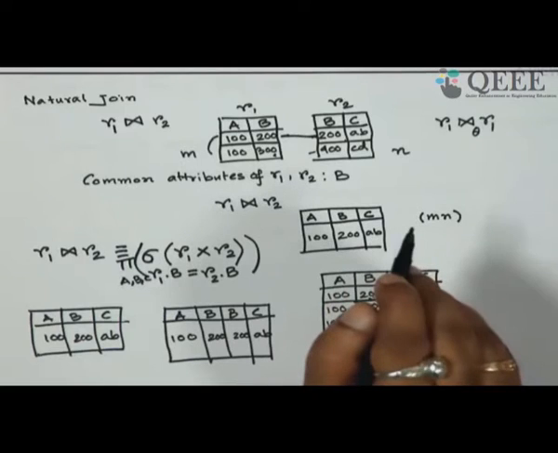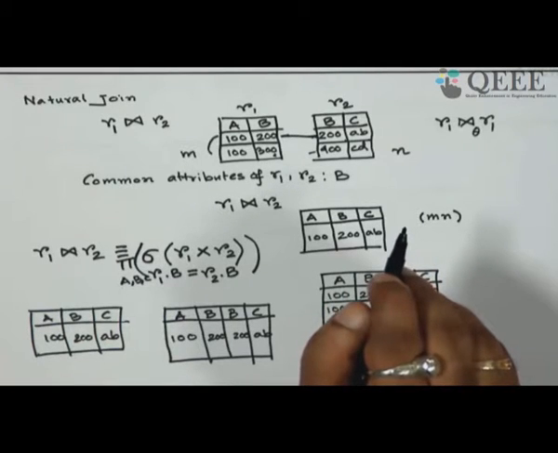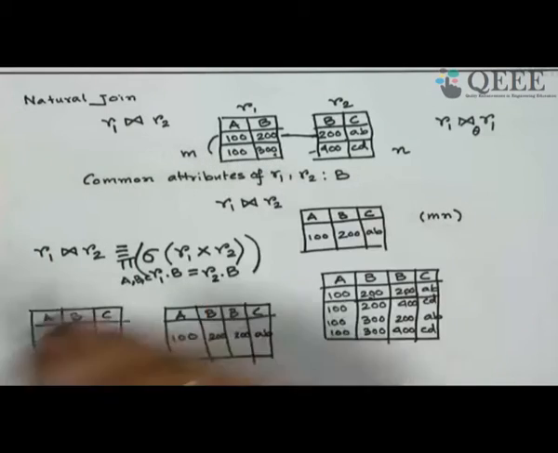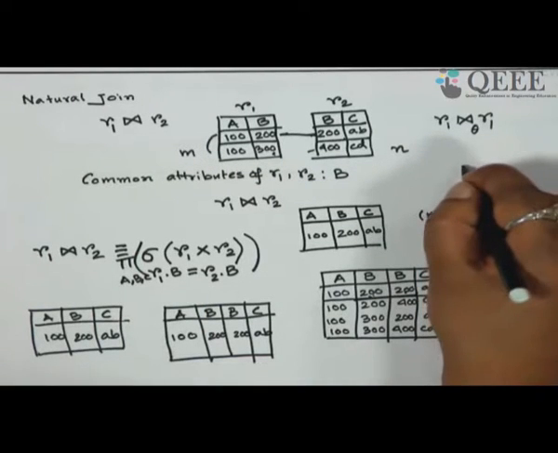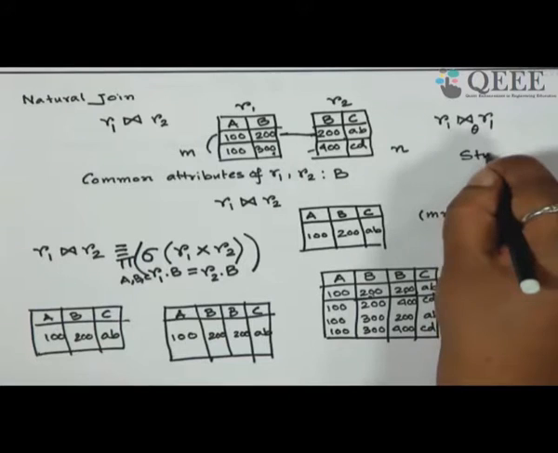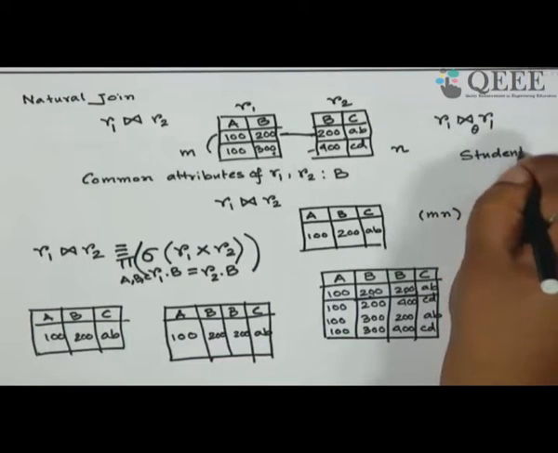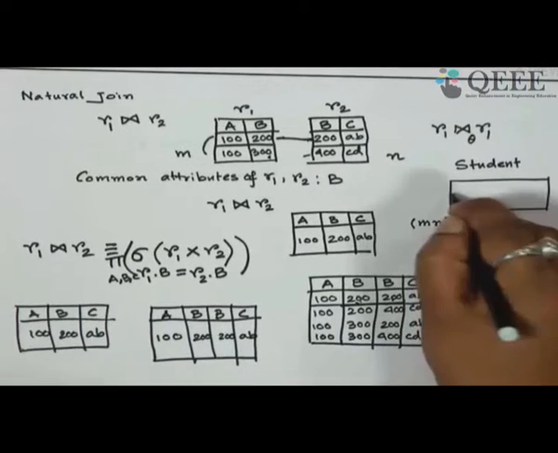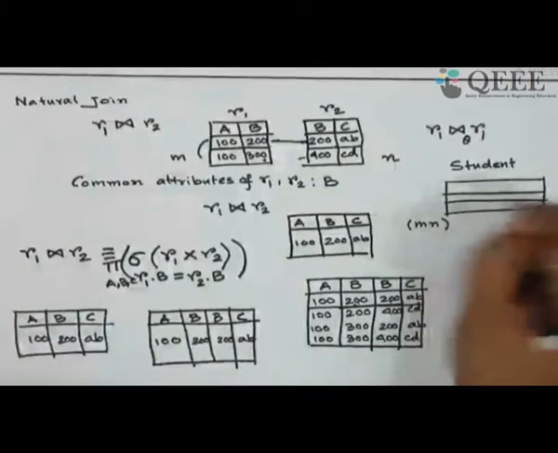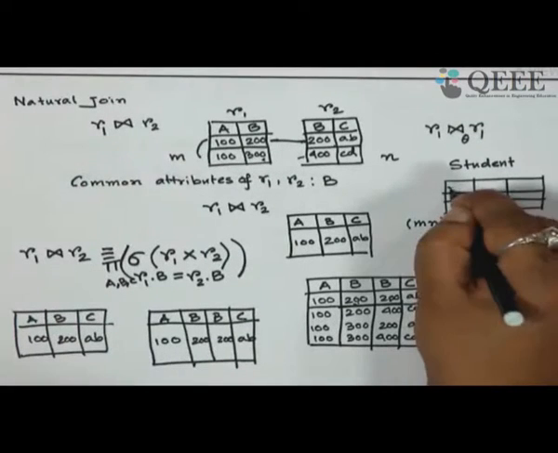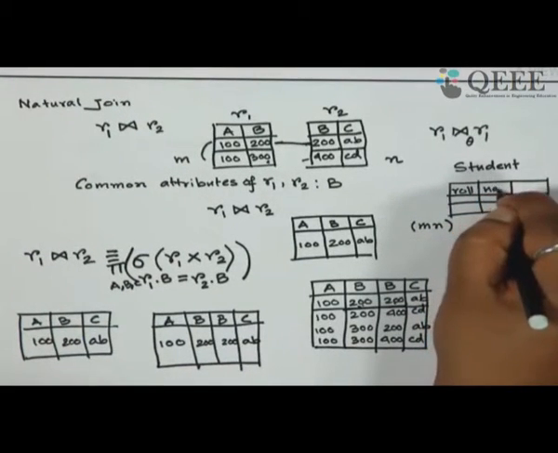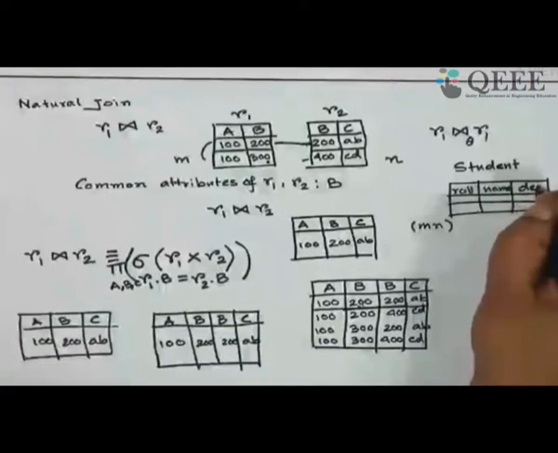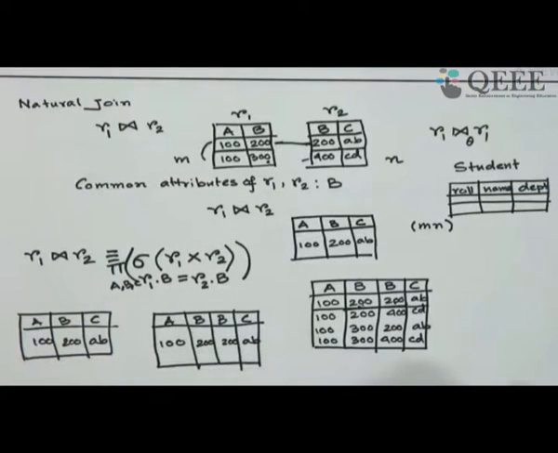So maybe, for example, let me take the student table. So you have roll, name, department. I want to find out all the students belonging to the same department.